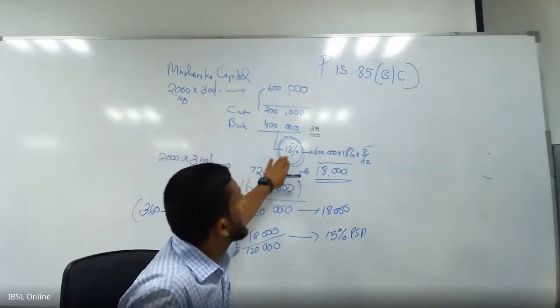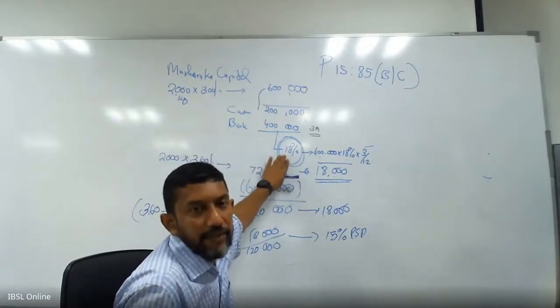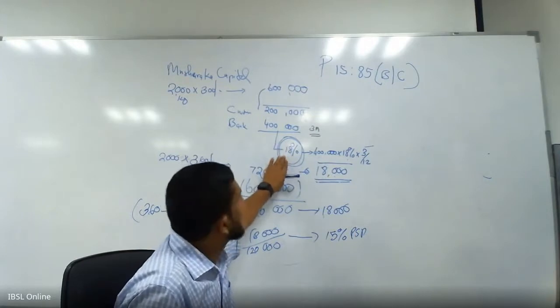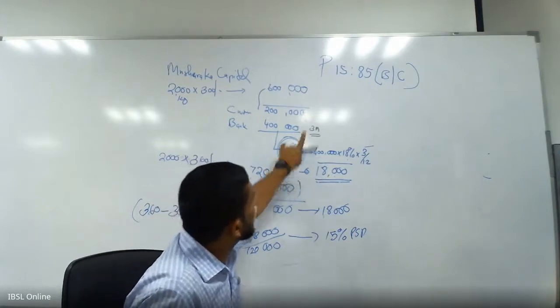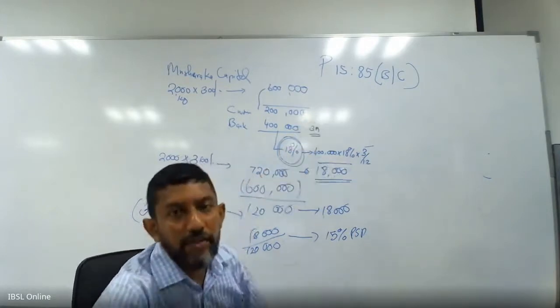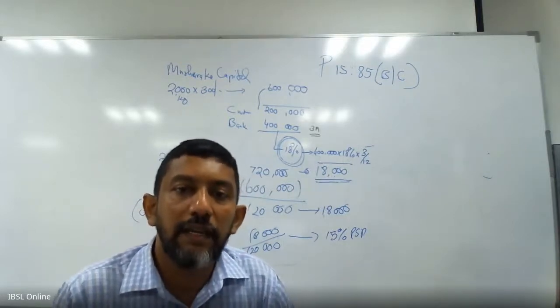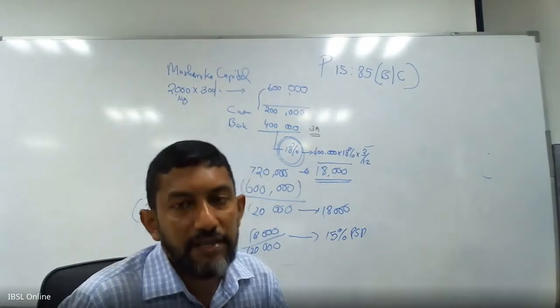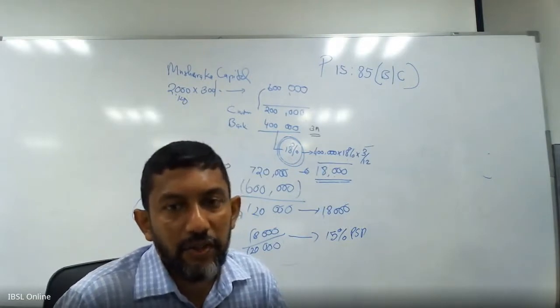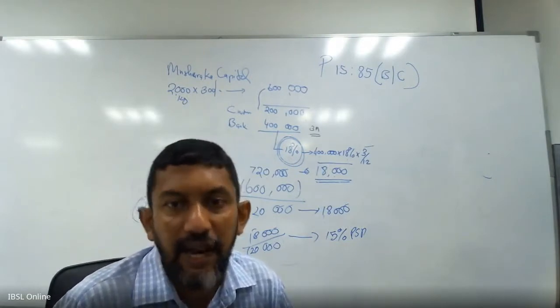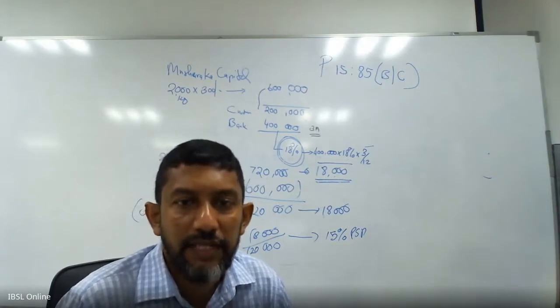All that is considered and this rate is given. Once this rate is given, we arrive at a PSR based on the information at hand in terms of forecasted profits and sales. So this is how the PSR is arrived at.